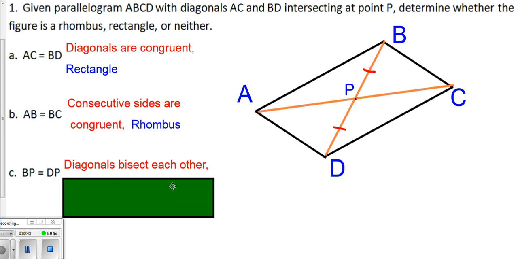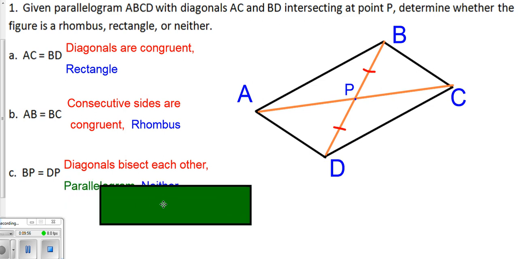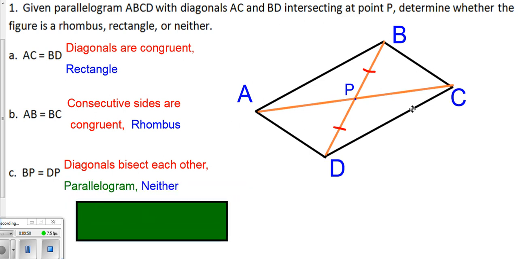So that tells us that the diagonals bisect each other, or at least that AC bisects BD, and that really only tells us that it's a parallelogram, and we already knew it was a parallelogram. It was given that ABCD is a parallelogram. So really, it doesn't tell us whether it's a rectangle or a rhombus. It only proves, again, that it is a parallelogram. So in this case, it would be neither. That didn't prove anything.